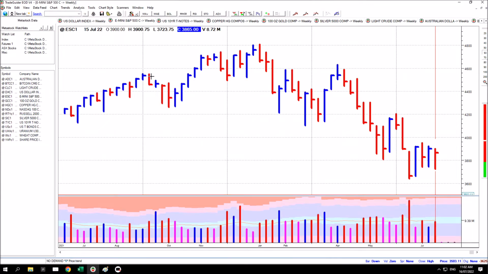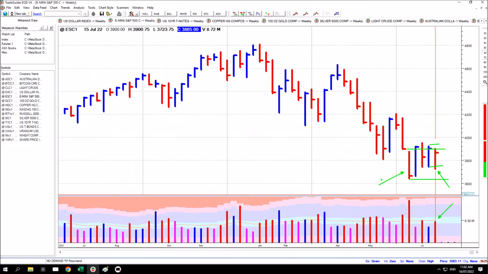Next chart's the E-mini, the S&P 500 futures. This is the index futures. Now you can see this week price traded within the range of the previous bar pretty much all week. Little drop out the bottom, but not much. Volume increased to average, and price is trading within this range for the last 5 weeks.